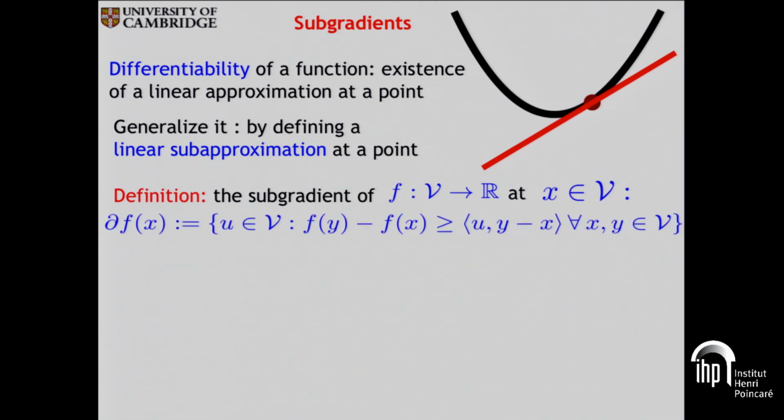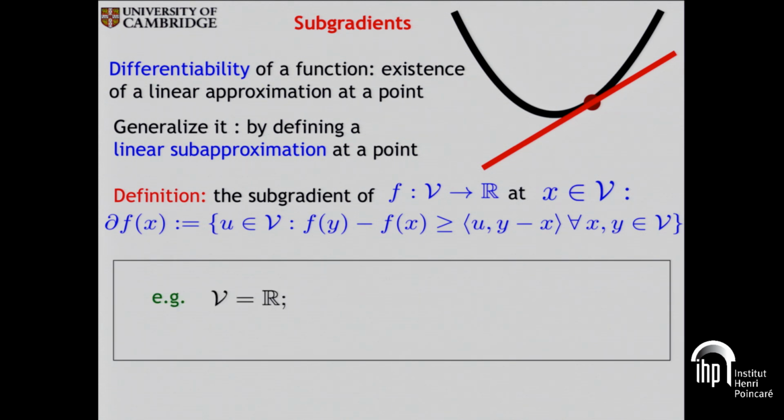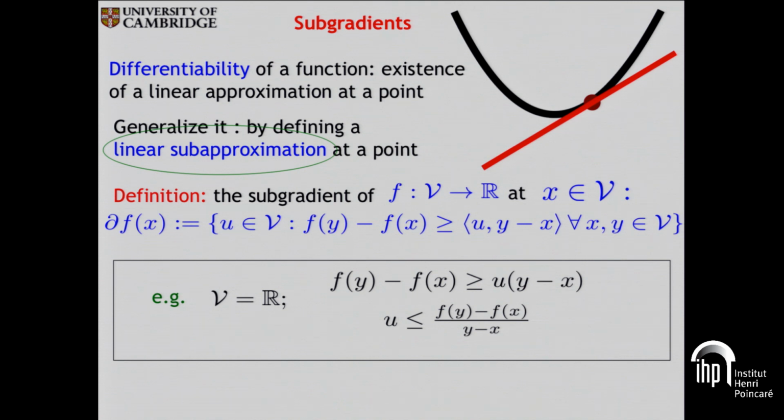It is the set of all vectors u such that f of y minus f of x is greater than or equal to this, for x, y belonging to V. Now, why is this a linear sub-approximation? Why did I use that word? Let us consider the simple case when V is just R, and let us look at this inequality. This just reduces to u times y minus x. Therefore, u is less than or equal to this. That's why we call it a linear sub-approximation.